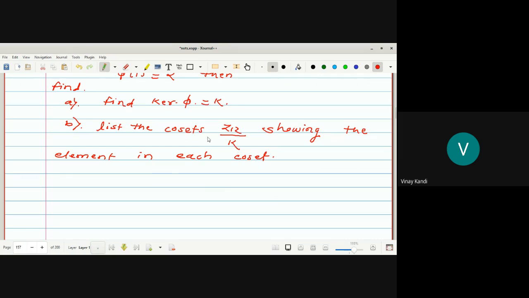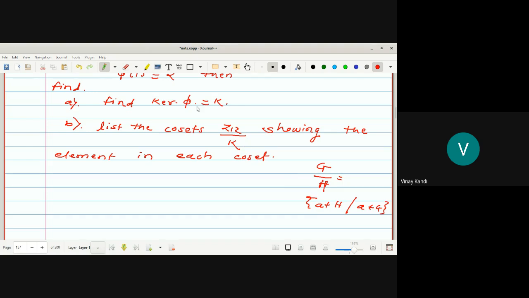G by H, H is the normal subgroup of G, then cosets of H in G are nothing but a plus H, if the binary operation is addition, where a belongs to G. So these are the cosets of H in G. Here G is Z12 and H is the kernel.